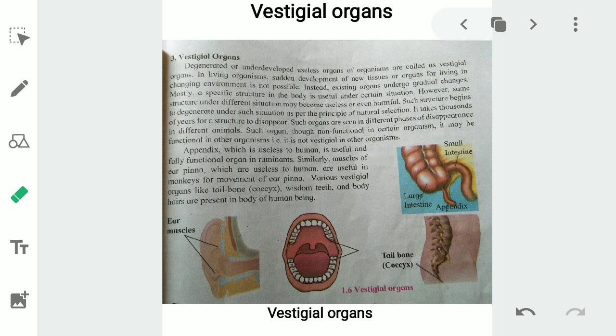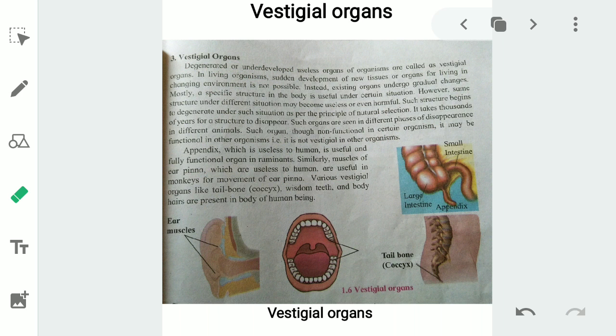Now you have heard about the appendix, which is present in our digestive system. The appendix is a useless organ for human beings. Sometimes it grows in your digestive system and has to be operated on and removed from your body. But in some human beings it doesn't grow. In some it may be harmful.